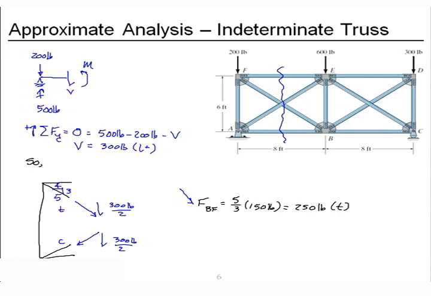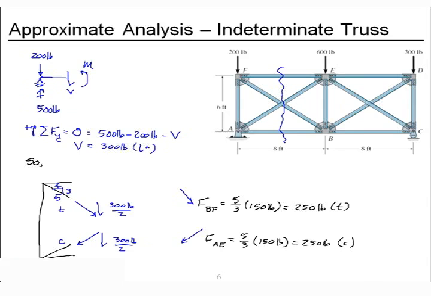And we said that's tension. So now we'll take our other member, AE. Again, we'll need 5/3 of the vertical contribution, which will be the net axial, 250 pounds.